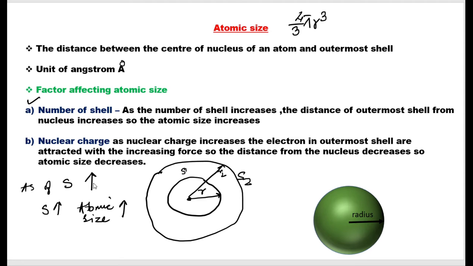Next concept is the nuclear charge. Just a second, I'll rub it off, then I'll say what a nuclear charge is. You know, in the nucleus of an atom, what is present?